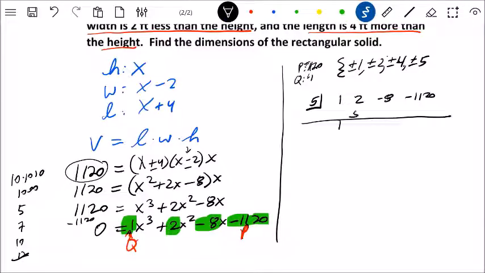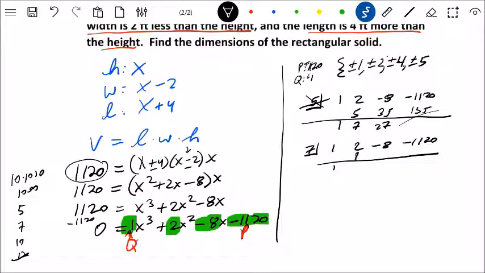So bring the 1 down, times 5 is 5. 5 plus 2 is 7. That's 35. And then that makes 27. And we multiply that, it's 135. I don't even have to go any further. I know that's no good. So now let's do it with, say, 7. 1, 2, negative 8, and negative 1120.